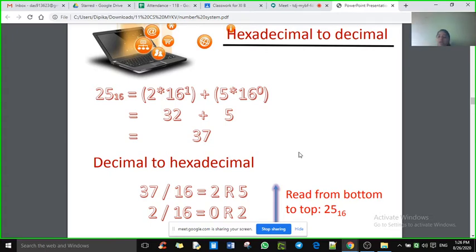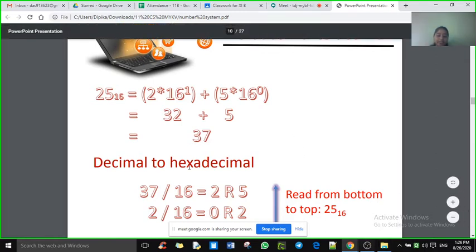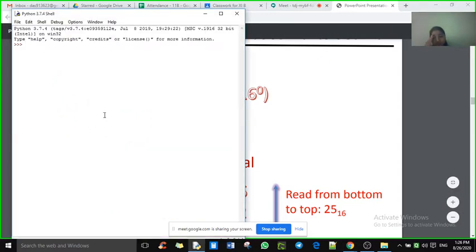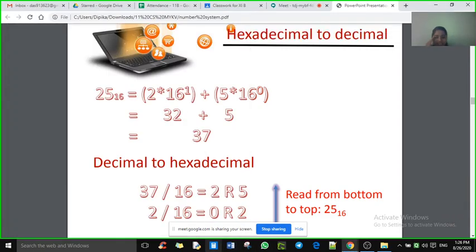So now, instead of explaining it as a power of 16, explain it as a power of 10. Consider 25 as a decimal number and answer. Don't convert. See, 25 is a decimal number. So what is the base of that number? 10. 10, correct.